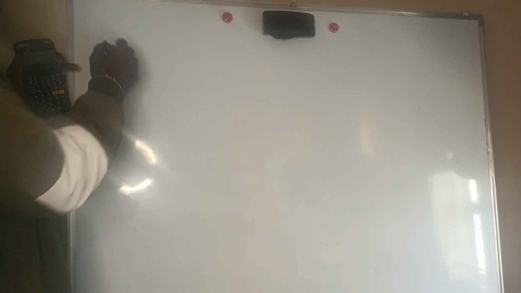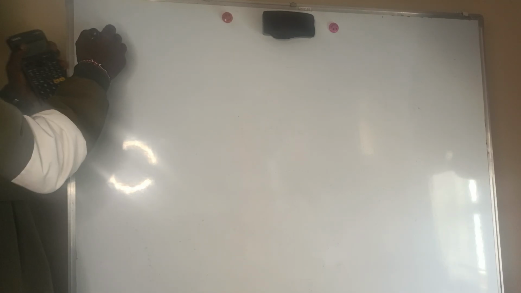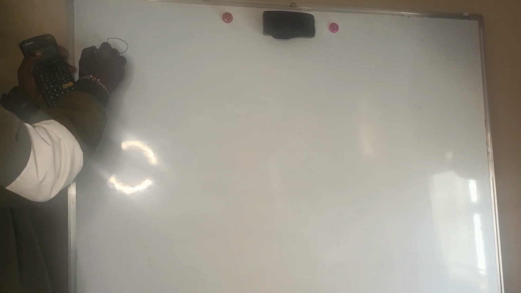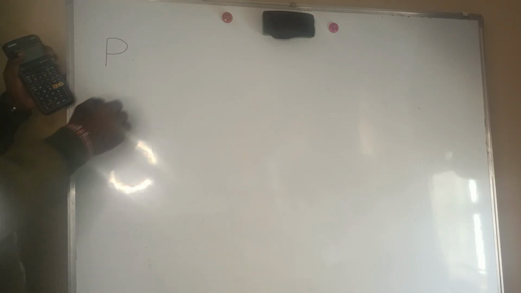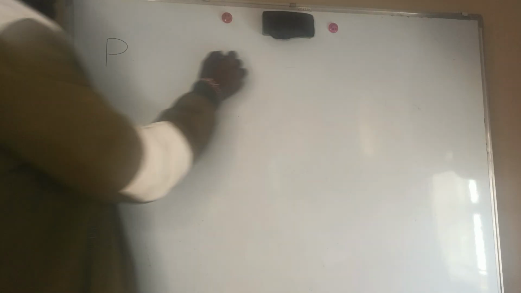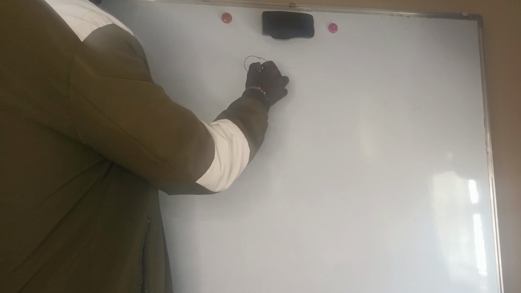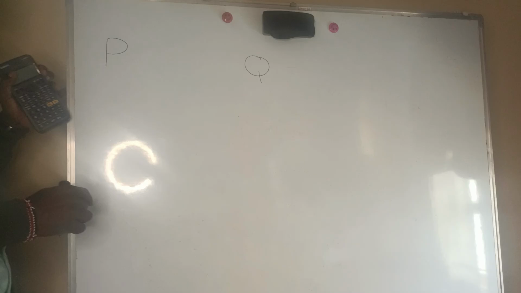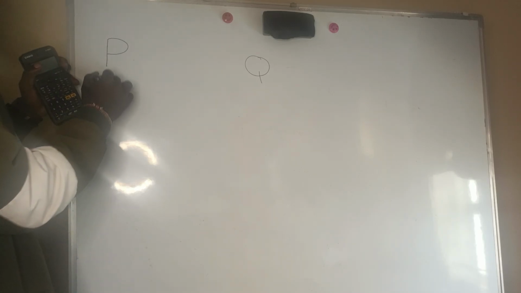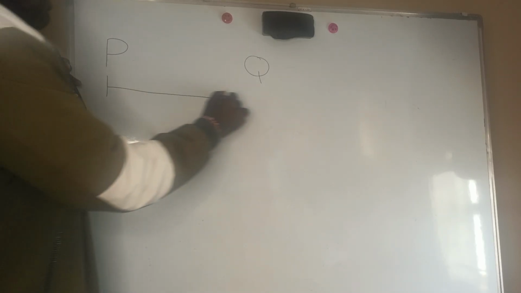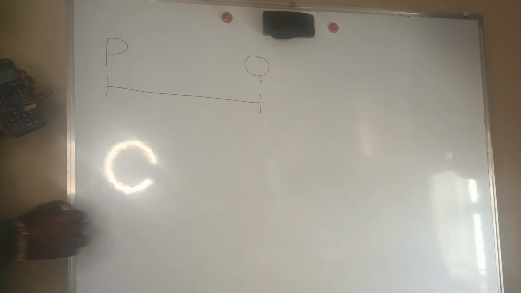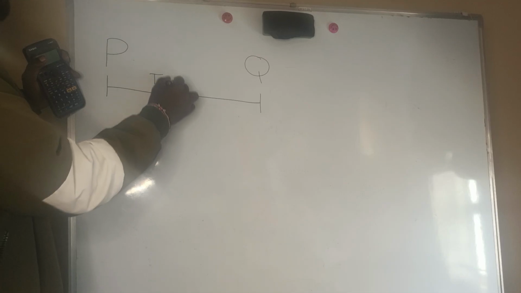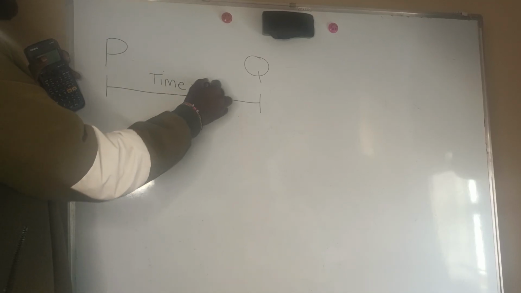It states that there is an aeroplane that leaves a particular place indicated as point P on the globe, and it ends up arriving at another point Q. So it departs from P and arrives at Q. The total time taken for this aeroplane to move from P to Q is 3 hours.